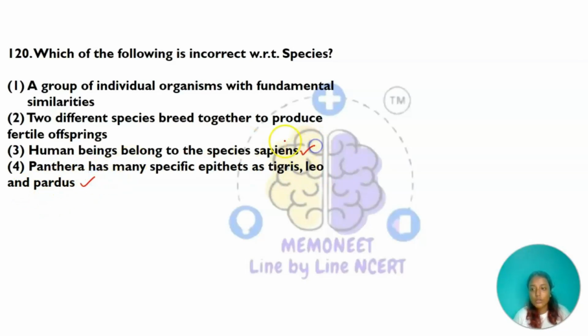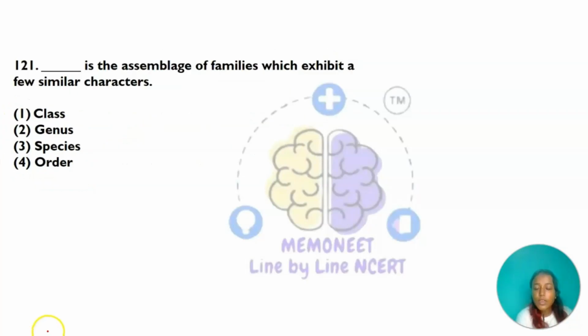This is true. This is true. However, option 2 is incorrect. If 2 species are bred together, they cannot produce fertile offspring. Even if they produce offspring, they will be infertile. They won't be able to produce any further offspring. So option 2 is the correct one, and option 1 is again right.